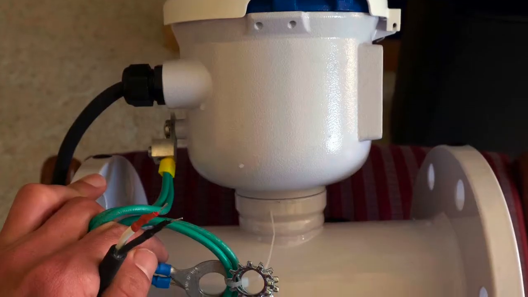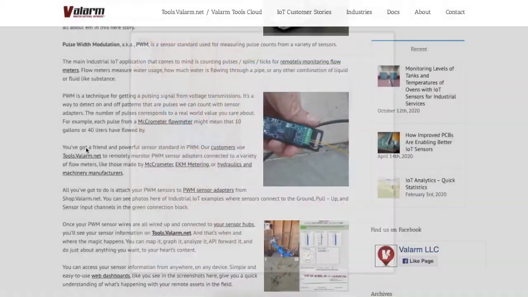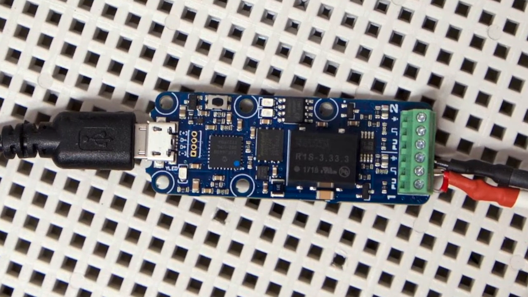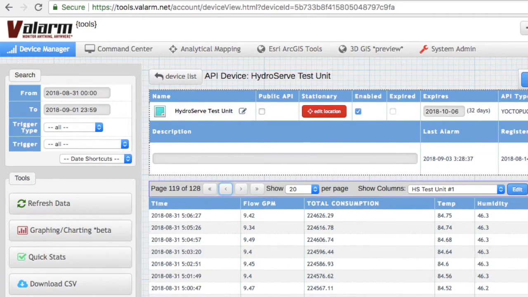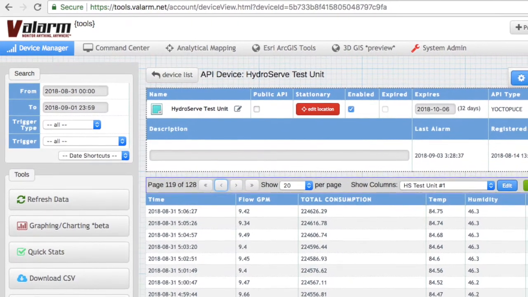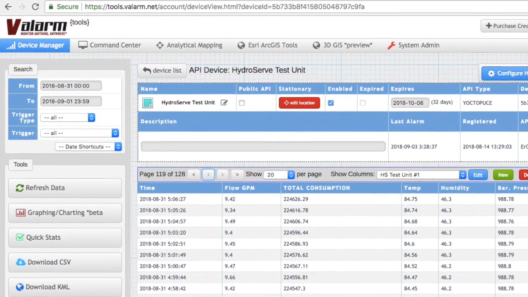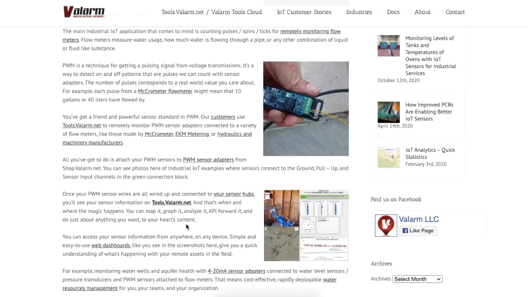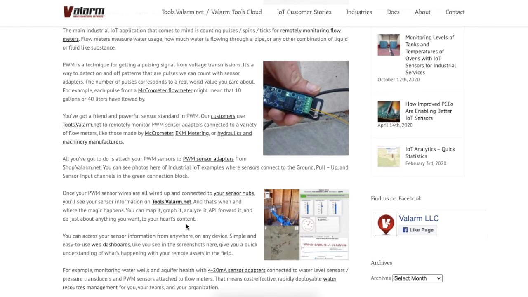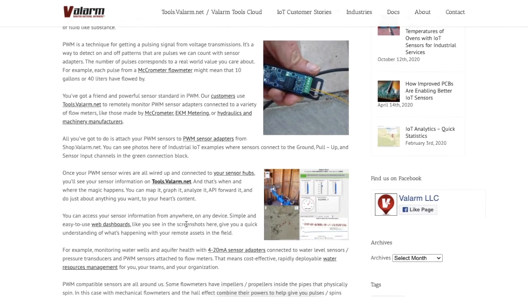Fortunately, you've got a friend and powerful ally in the sensor standard, PWM. Our customers use tools.valarm.net to remotely monitor PWM sensor adapters connected to a variety of flow meters, like those made by Micrometer, EKM Metering, or other hydraulics and machinery manufacturers.